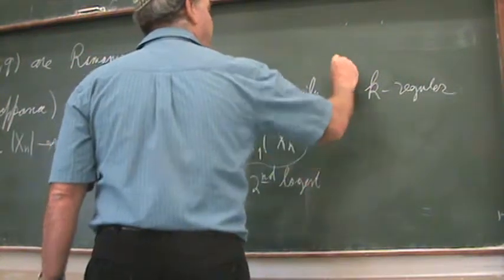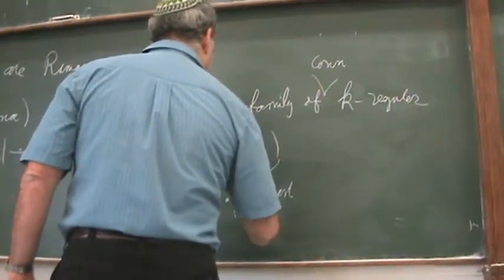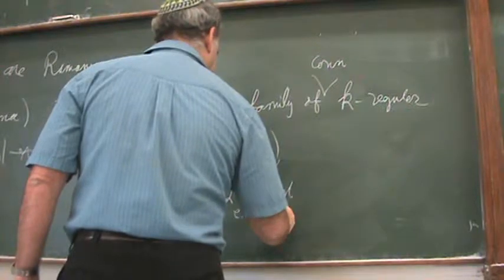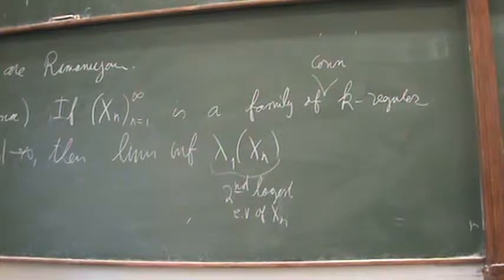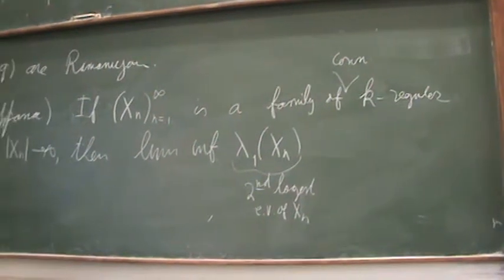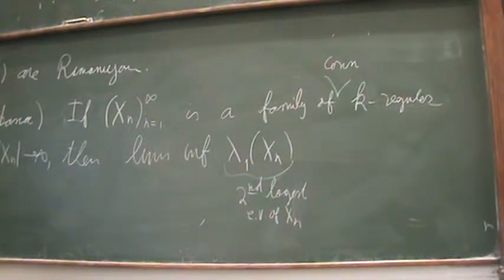So that's a family of connected graphs, but the second largest eigenvalue of X_n. The largest one we all know, this is k. The question is, what is the second largest? Uriah showed you that that's a very important eigenvalue. That's the eigenvalue which is responsible for the expansion, right? If this second eigenvalue is very small, then these are good expanders, then they expand well. So we want it to be as small as possible.